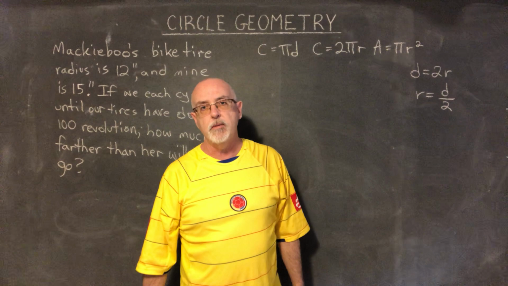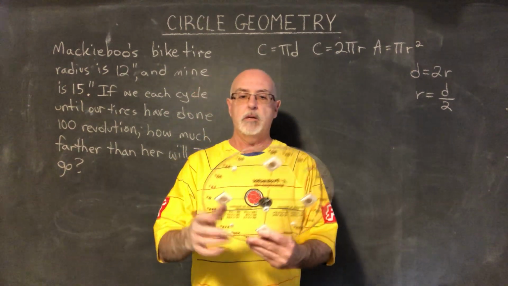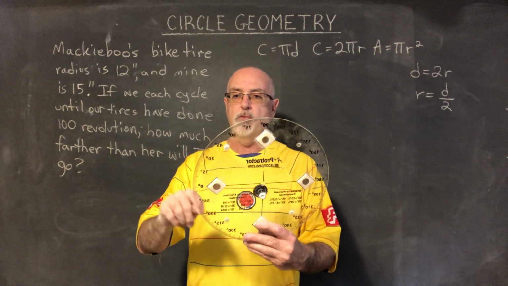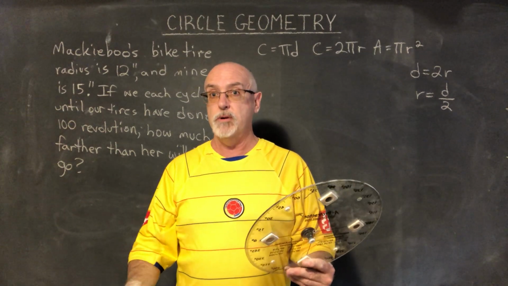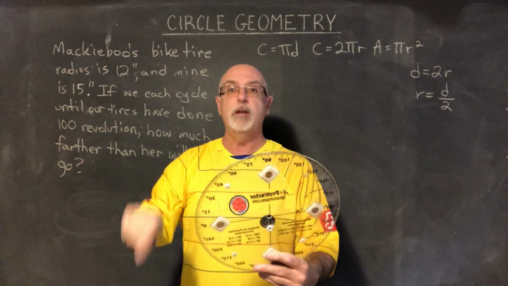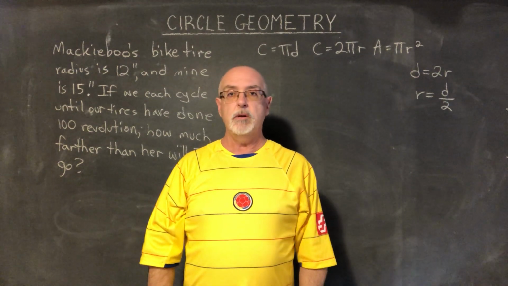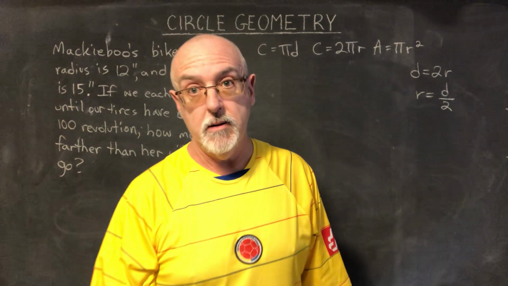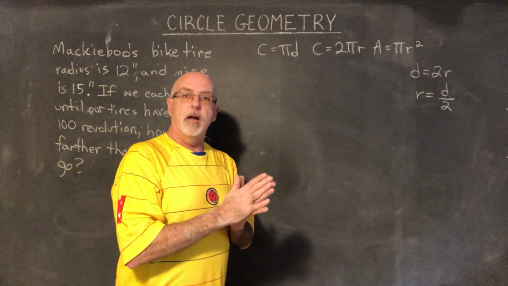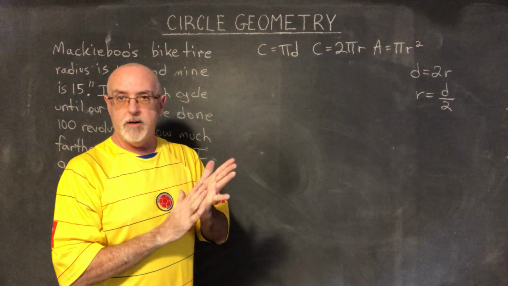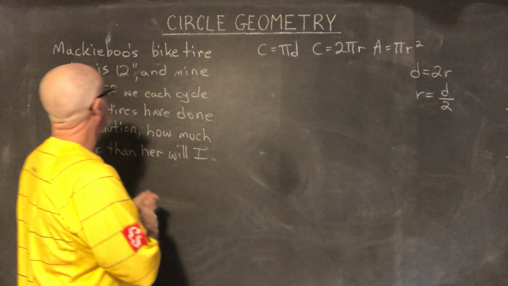Well, what you would have is the distance that the rubber on the bike tire covers in one revolution, turning completely around to back where it started, which would be equal to the circumference. So the circumference of a tire is very important for this type of problem.